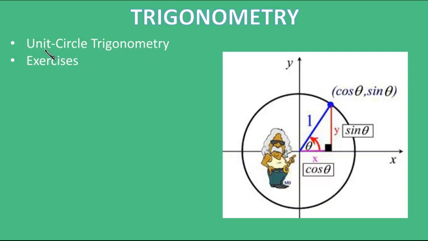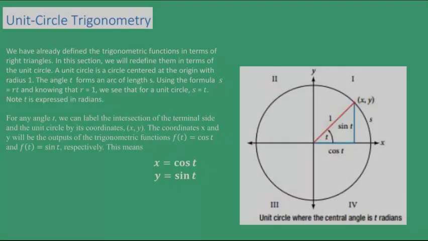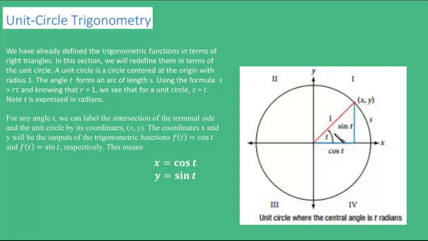Notice we're not saying 1 centimeter, 1 meter, or whatever. It's just 1. Here we have a unit circle. We will define the angle as being between the positive x-axis and the radius. So here the terminal side is in the first quadrant, so this is the angle, and of course the terminal side could be over here, down here, or in this quadrant.